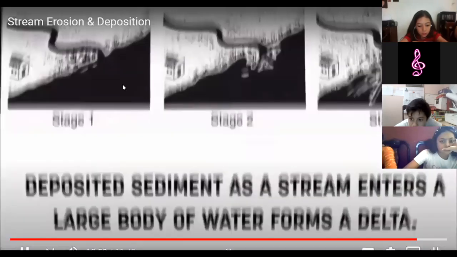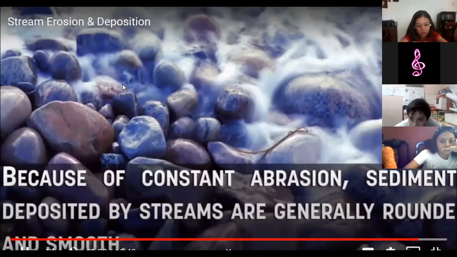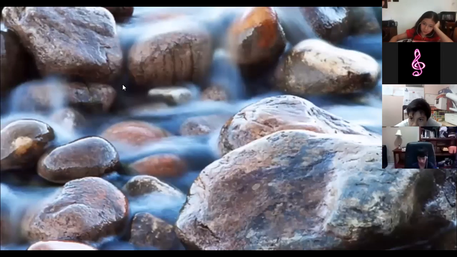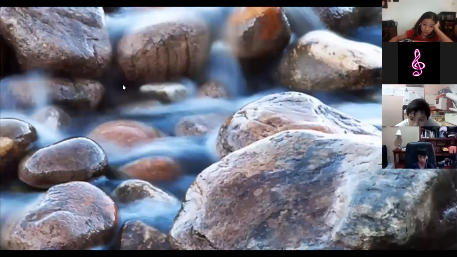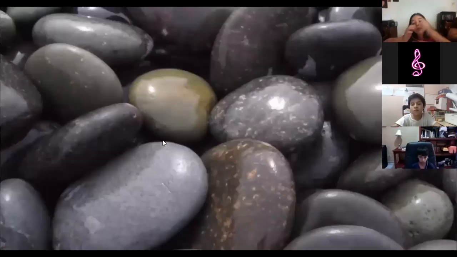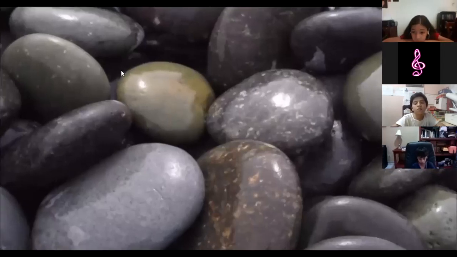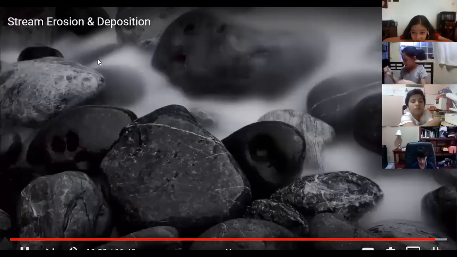So finally, just to close the topic of erosion and deposition of streams, the erosional force of water is a constant abrasive force. You may not see it, you may not feel it, but when water is moving very quickly over rocks, it's carrying little bits of sediment, and those sediments act like sandpaper and break down the rocks they're flowing over.